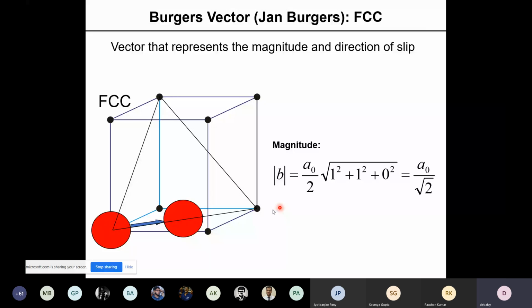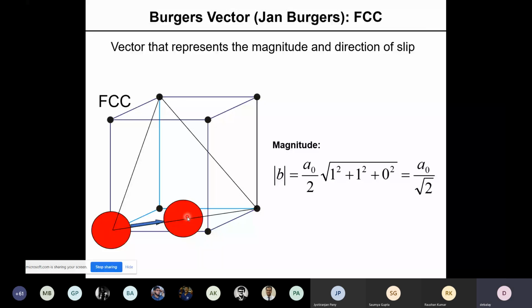So this represents a single unit perfect movement, and it is called perfect because it will reproduce your crystal structure. The slipped and unslipped regions will have the same crystal structure, same translation. If it moves partially, then we call it partial movement. That can create a stacking fault. But if it has a complete movement, then you will find the B atom coming back to the B position, and there will not be a stacking fault. So this is a perfect dislocation movement.